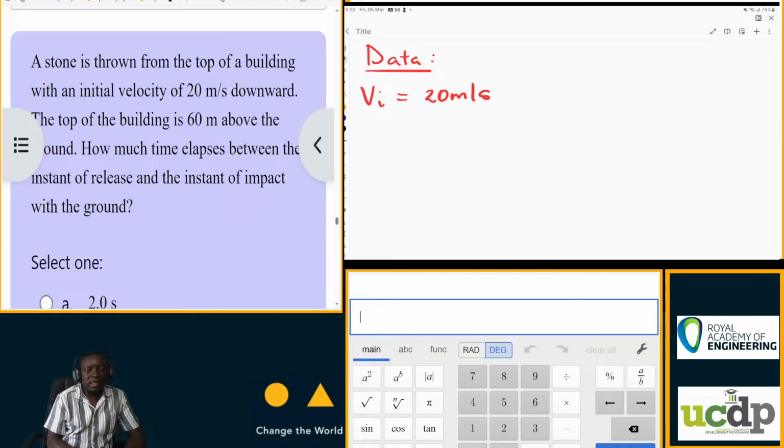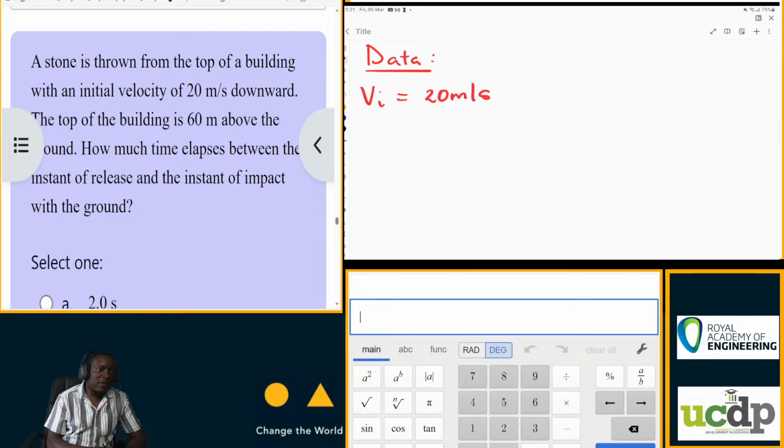It's not always that you would take upward to be positive and downward negative. You have to just assign your directions. And once you do that, you should be consistent, or you stick to your assignments. So if you take the downward direction to be positive, then anything going in the opposite direction, which is upward, should be negative.